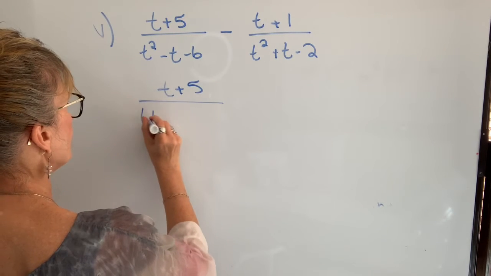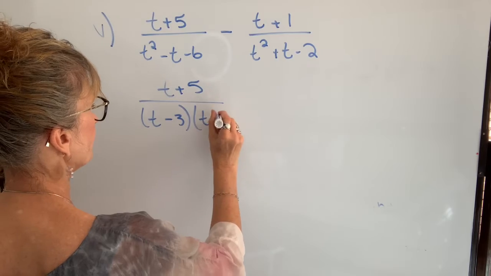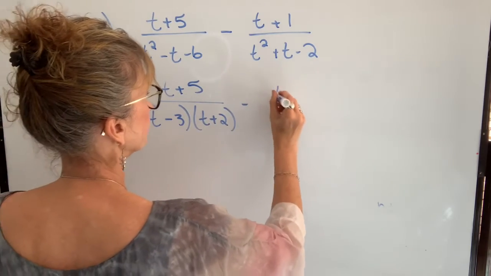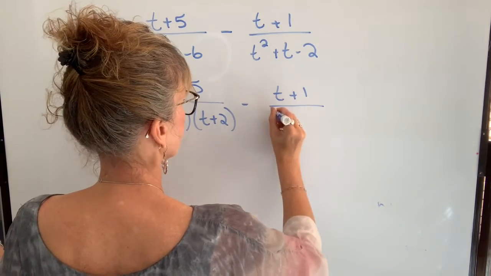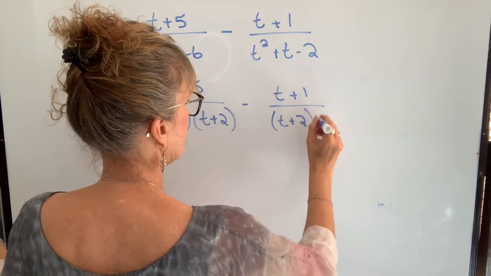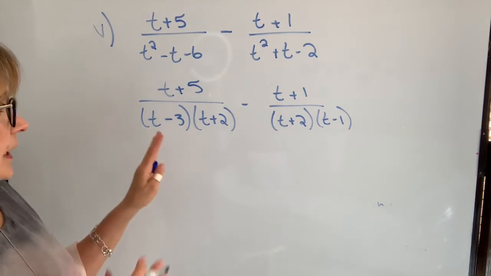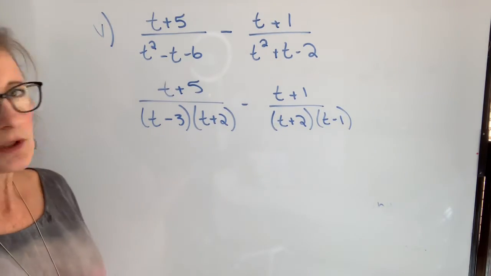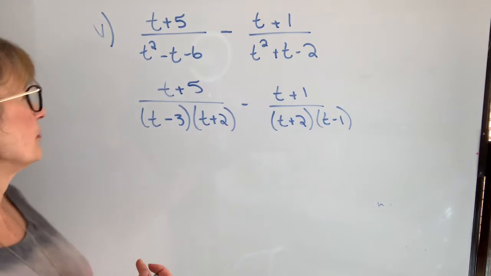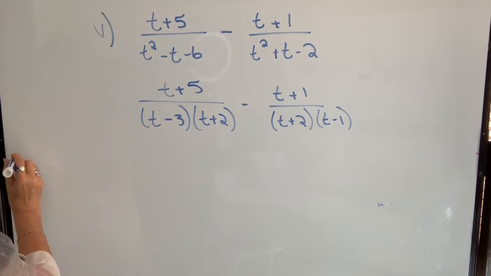So my factors are going to be t minus 3 and t plus 2. My factors here will be t plus 2 and t minus 1. Now that I have my denominators totally factored, I find my lowest common denominator by combining all of my factors.